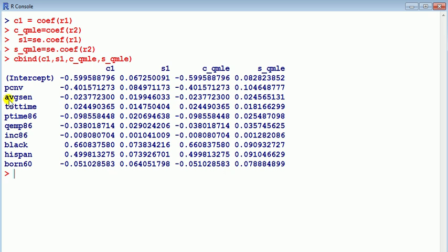Let's use this one, which stands for average sentence of a criminal. Now it turns out this was not significant, but I don't care. Let's just show you how to interpret it. If that's not significant, it means that it's not actually a predictor for the number of times arrested, but let's just ignore that for the moment.